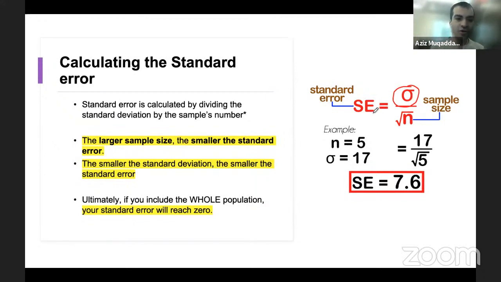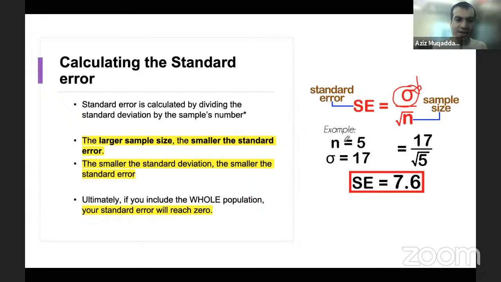But the standard error means we adjust for the sample size, because with a small sample size there's obviously a larger room for error from the population, and the larger the sample size, the lower the standard error should be, right?